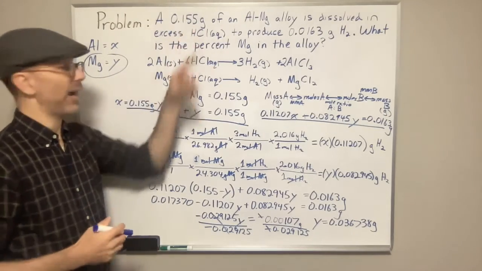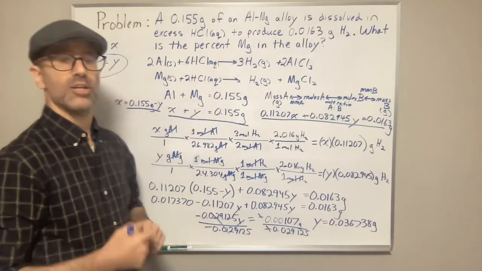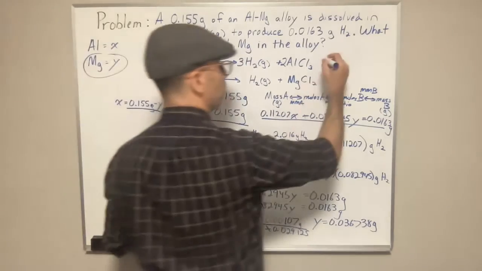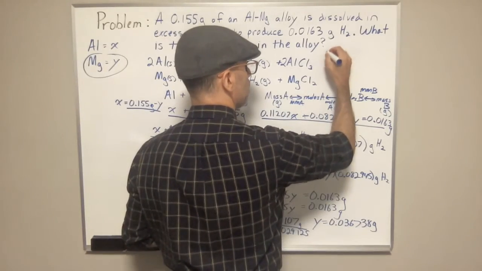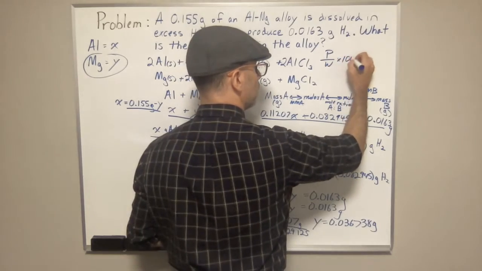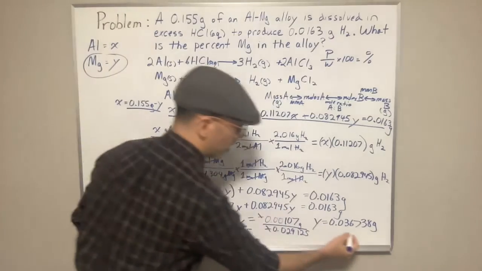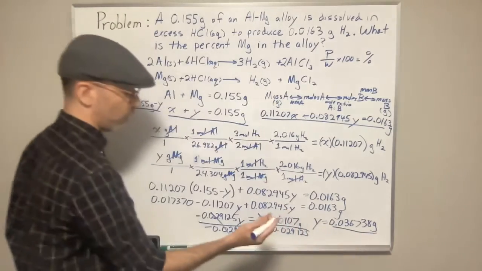Now they're asking for what is the percent magnesium in the alloy. To find the percent, remember percent is part divided by whole multiplied by 100. So the magnesium is part of the whole.